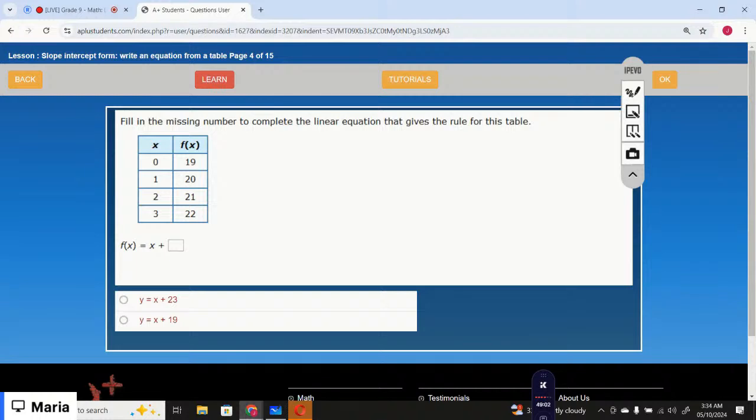Fill in the missing number to complete the linear equation that gives the rule for this table. So, which is the correct option? Which equation is the correct one?